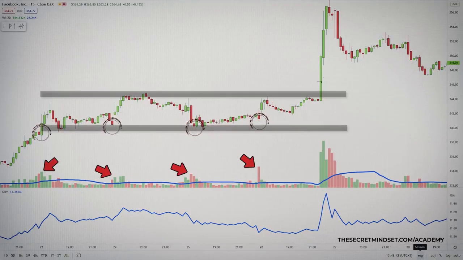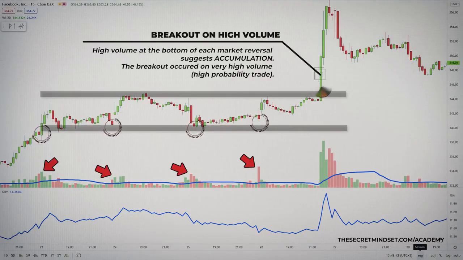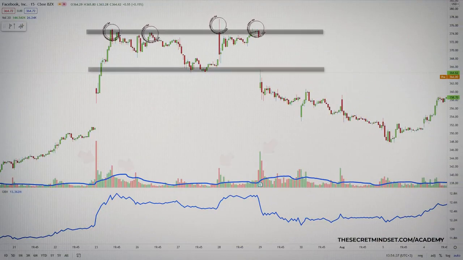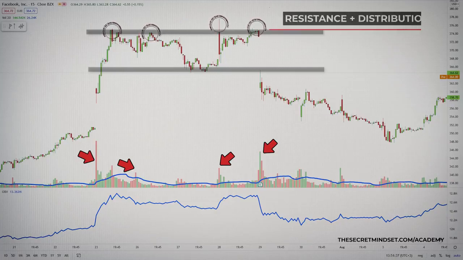The support area confirms this view, so that when we finally see the breakout, we have a great signal from our volume bars that this is a genuine breakout, and therefore a low-risk trade. In this example, the high volume is at the top of each trend, so in this case, we can assume that this is selling volume, with the market creating a region of price resistance.